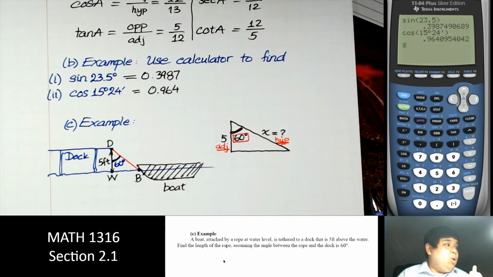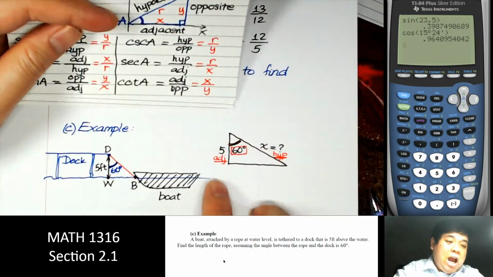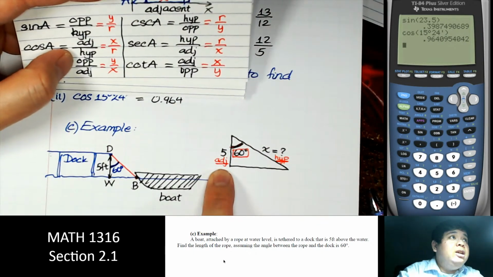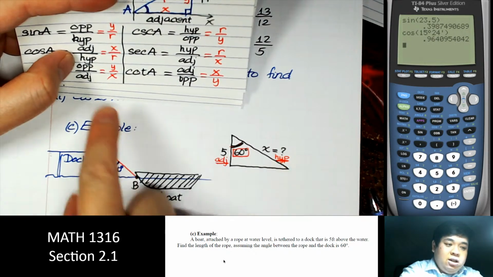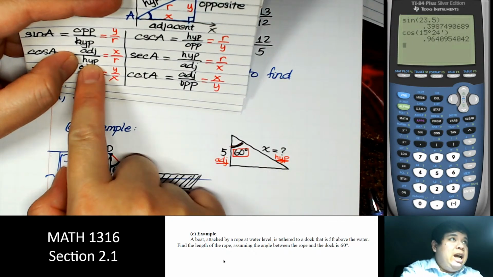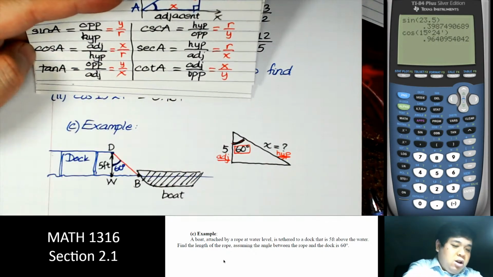So sine, cosine, and tangent, which one has adjacent over hypotenuse? So this problem involves adjacent and hypotenuse, which is cosine.